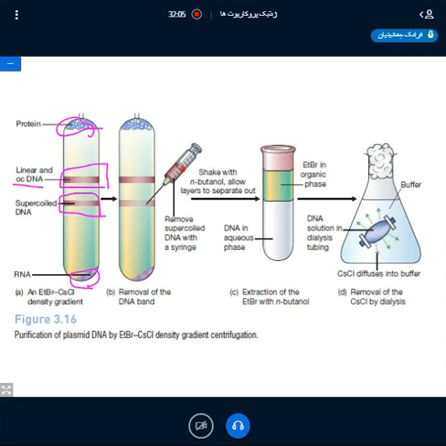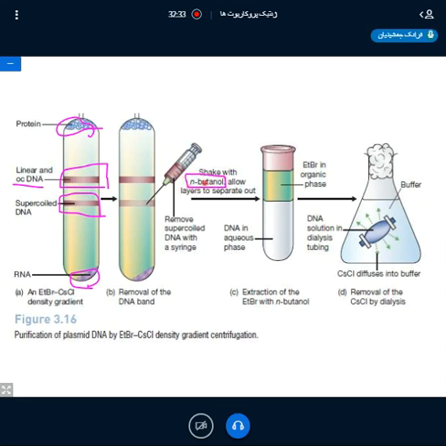But what do we have in this liquid? We have ethidium bromide and we have cesium chloride. We should purify this liquid from ethidium bromide and from cesium chloride. So first, we should add N-butanol.